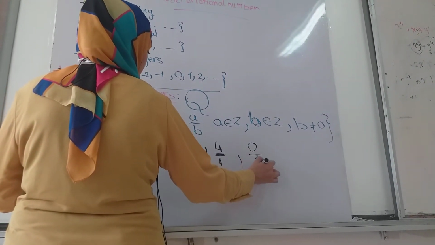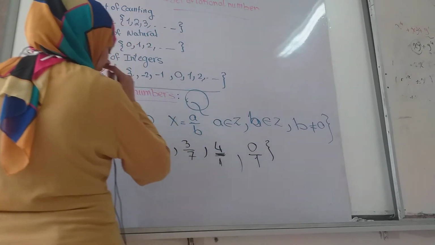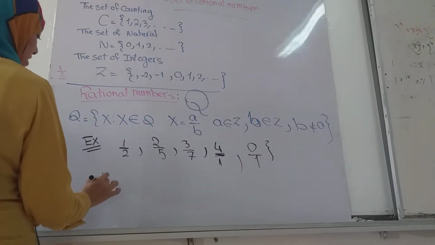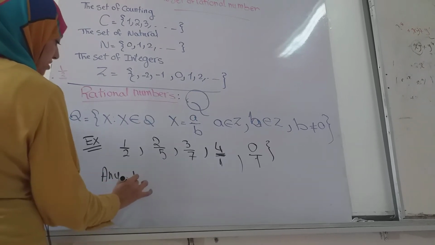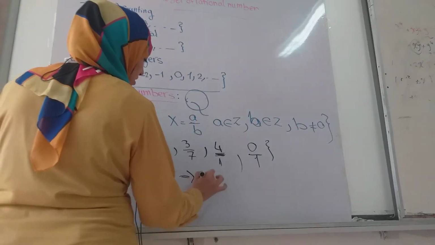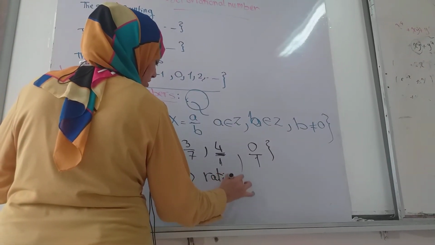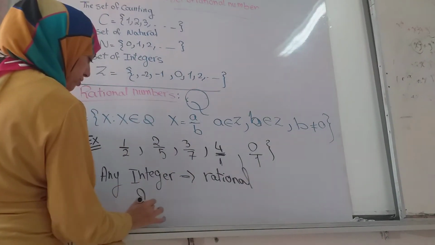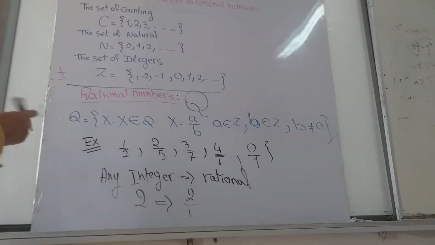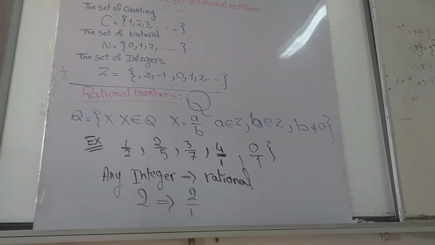Because we can write it as a over b. So any integer can be a rational number, like 2 can be written as 2 over 1. This is the meaning of a rational number.